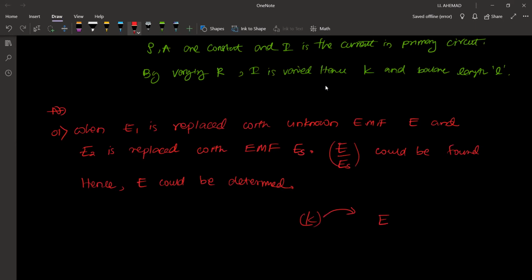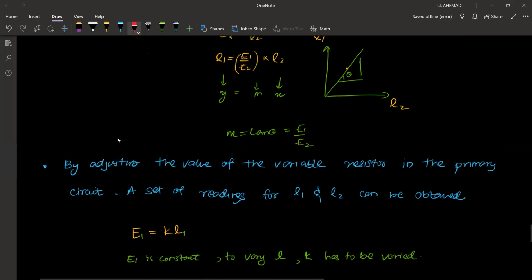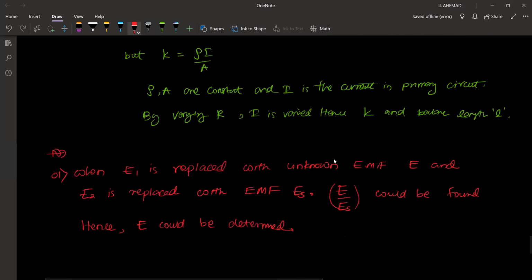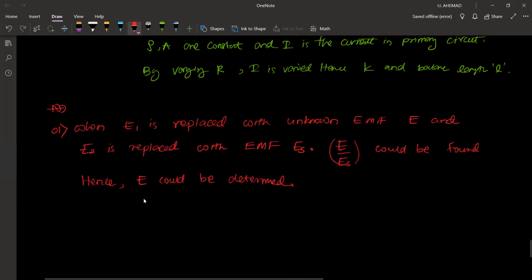But in this experiment, using this comparison of EMFs, we can straight away find E without finding K. Is the difference clear between the previous and this experiment? Here we can just compare any two EMFs. If one of the EMFs is the standard, then we can calculate what E is. Without getting the ratio, we can straight away find what E is. Okay.